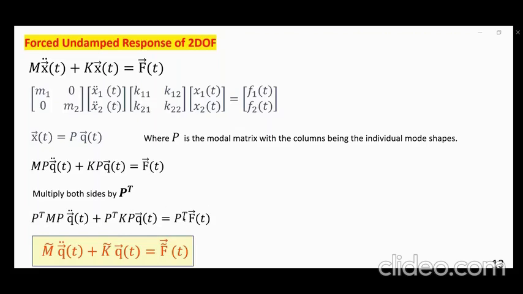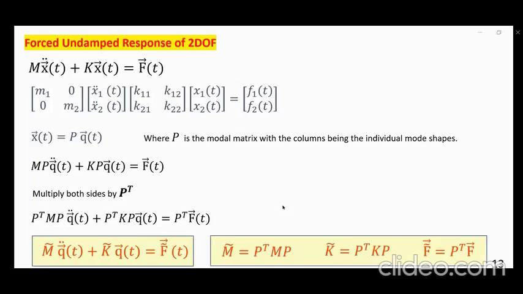And the right-hand side is no longer this F. It is P transpose of F. So just be aware of the fact that this right-hand side is also different from the original system. Okay, so that's what you've got.